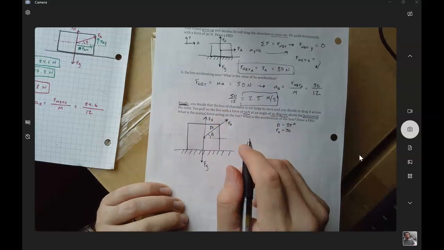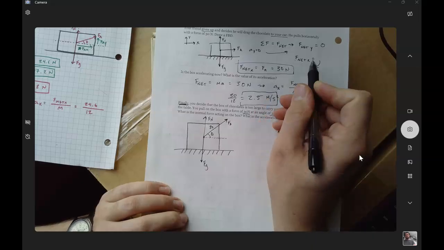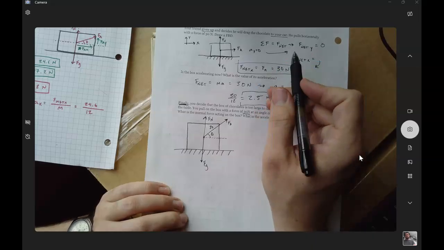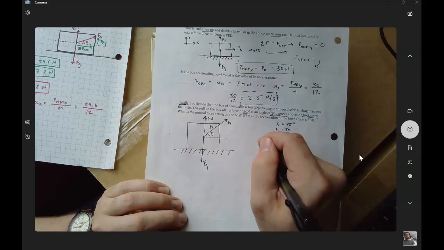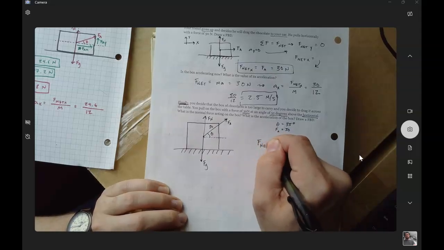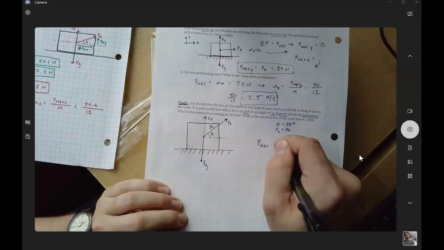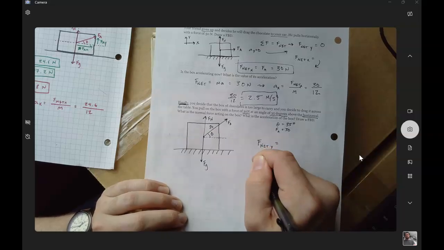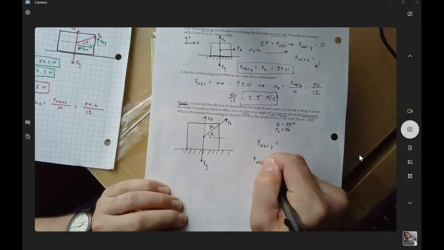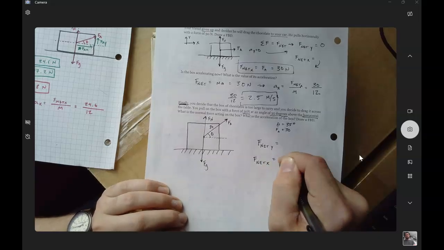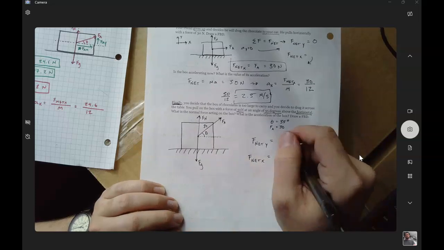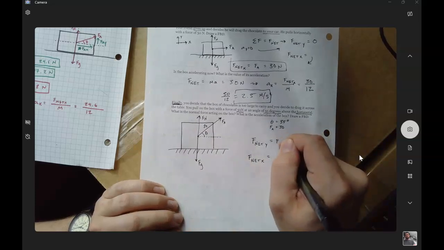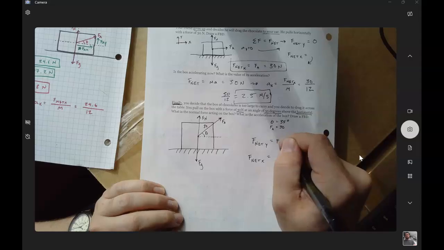Okay, so now we know that we can split the motion up into 2 different dimensions, so let's do that again. I've got the net force in the y direction, and I can set up the net force in the x direction, right? Well, what are all the forces acting in the y direction? I have the force normal, and that's positive because it's going up.